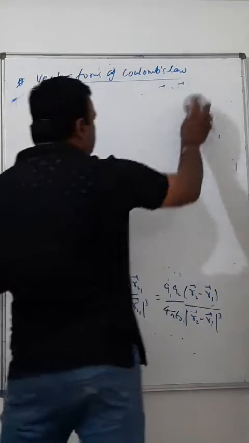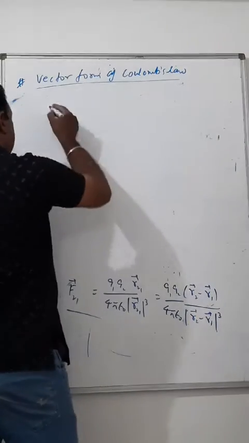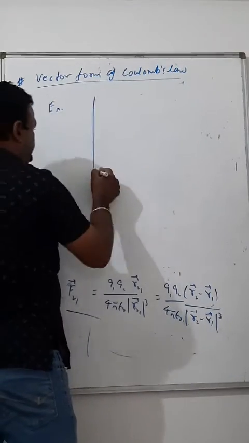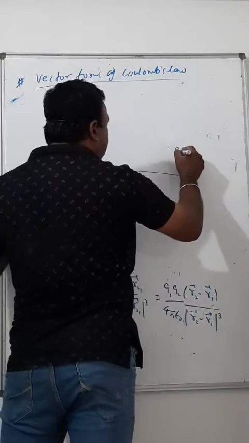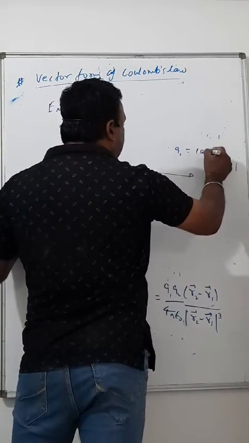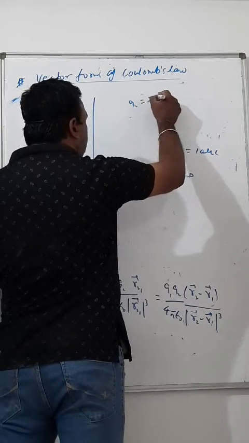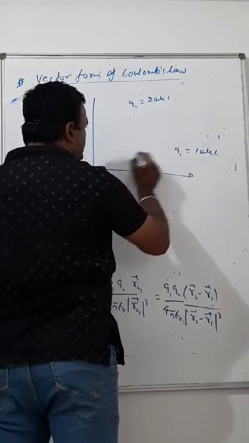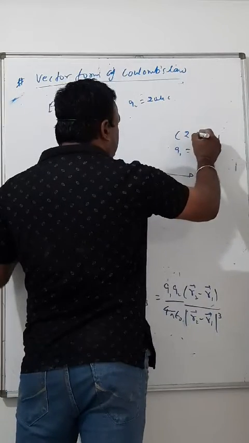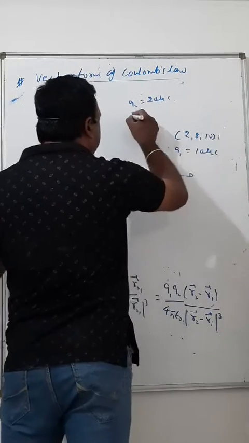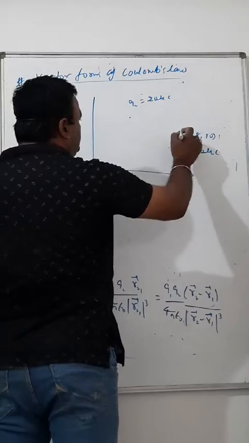Here it is written. Now take an example. This is charge Q1, say 10 microcoulomb. This Q2 is also say 20 microcoulomb. Its position is 12, 8, 10.